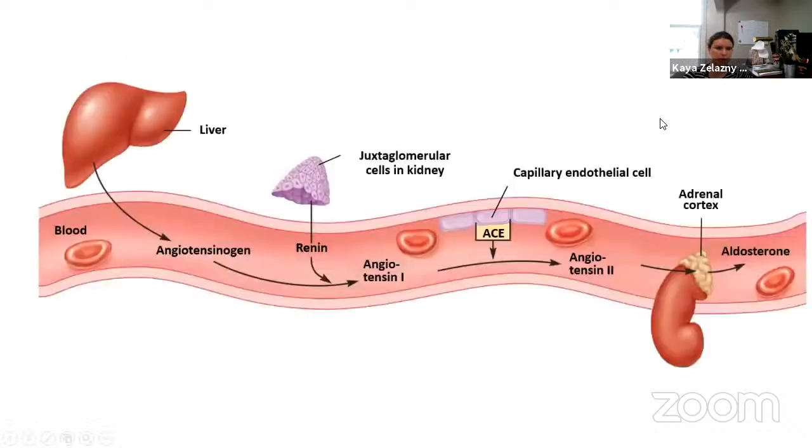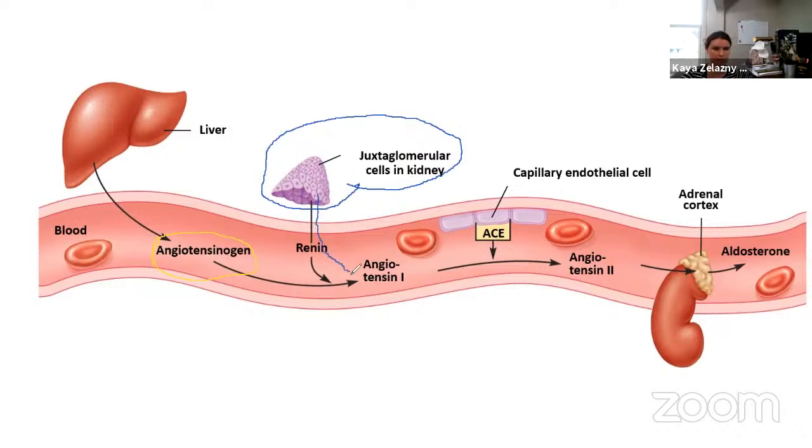So when we left off, we were talking about the renin, angiotensin, and aldosterone system. We saw that this works a lot like our clotting factors did, right? Our liver is making angiotensinogen, which is circulating around in our blood. Renin gets secreted by juxtaglomerular cells in the kidney, in response to things they're sensing about the tubular flow.